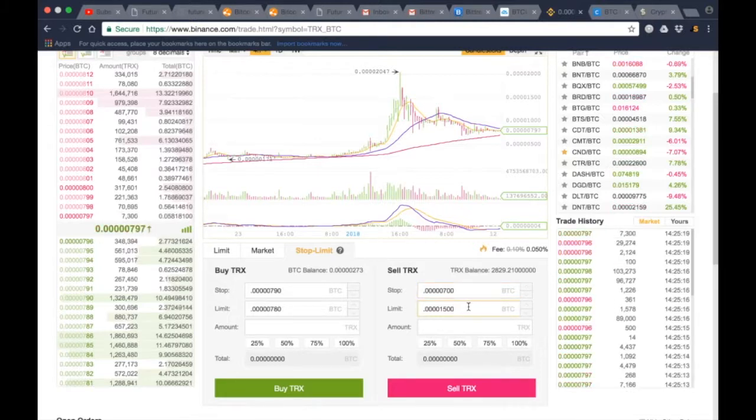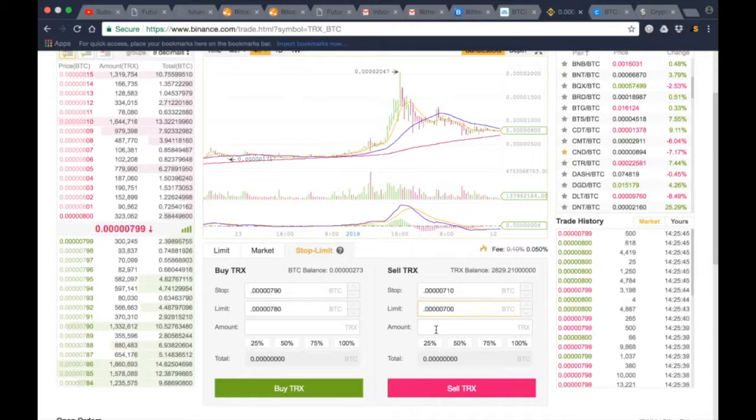You will not take anything less than, let's say, 690. So right here, actually make it easier, 710 here and 700. So if the price ever does reach 710 to 700, that's when your Tron, your token would sell, right? Because you don't want to take any losses.